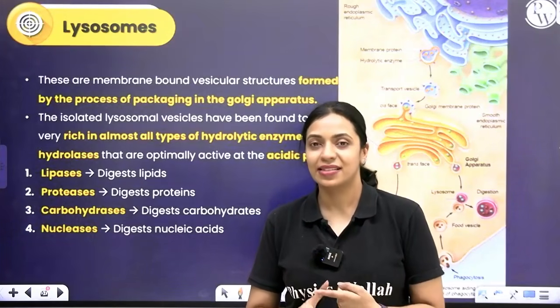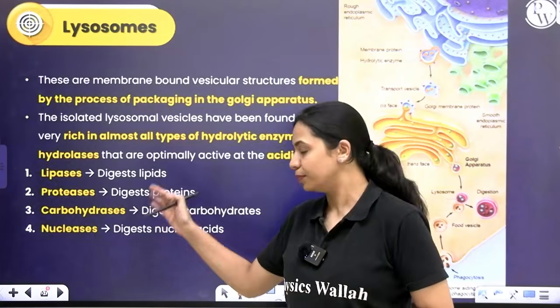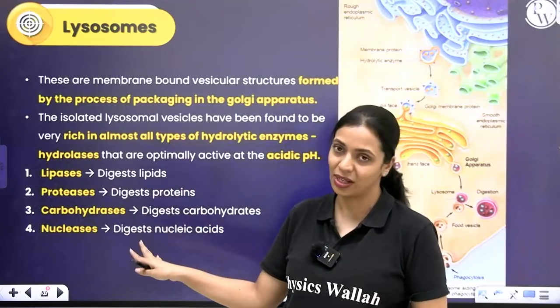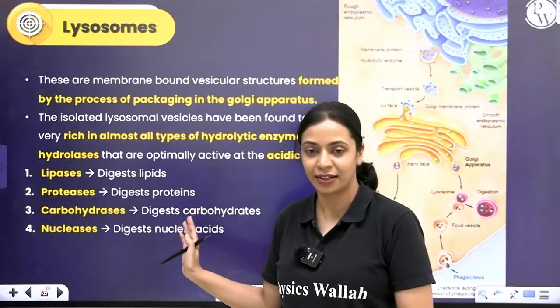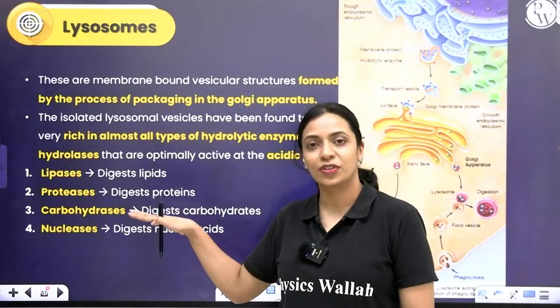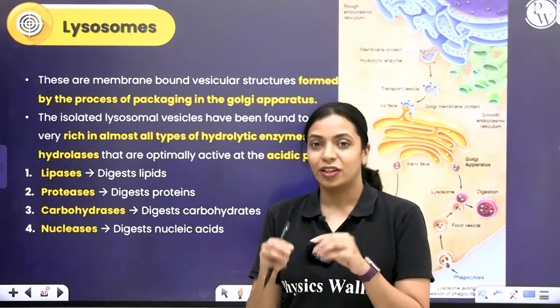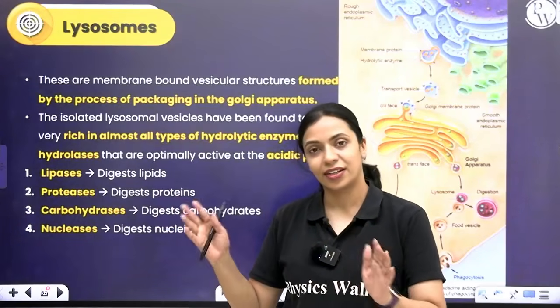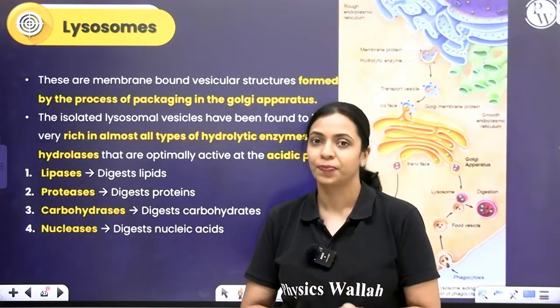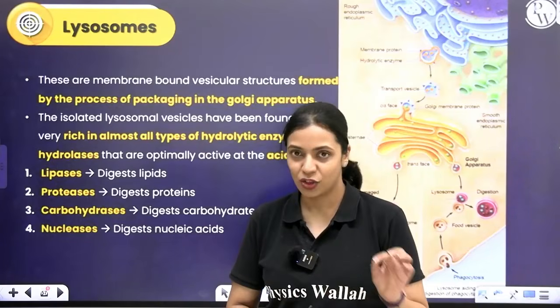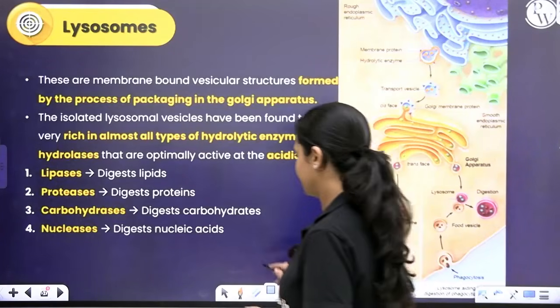Lipases are enzymes that break down lipids. Proteases break down proteins, carbohydrases break down carbohydrates, nucleases break down nucleic acids like RNA and DNA. So many different types of these enzymes are present within the lysosome. That's why they're called suicide bags, because they can break down all of those molecules. These enzymes are activated only at an acidic pH of about 2, all right?